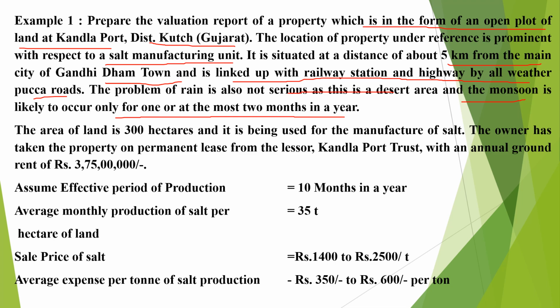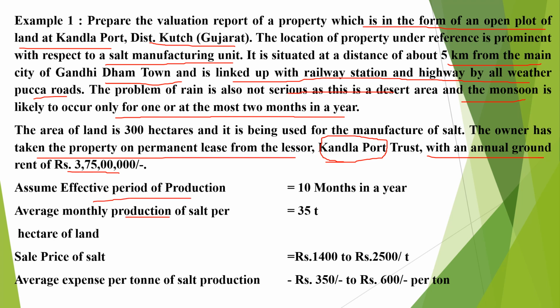The owner has taken the property on permanent lease from the lessor, Kandla Port. So it means Kandla Port is the lessor in this case and the owner is the lessee, with an annual ground rent of 3 crore 75 lakh. It is also given that the effective period of production is 10 months in a year.